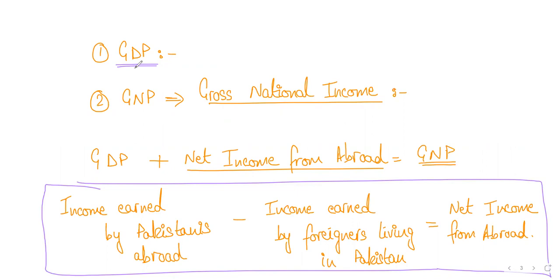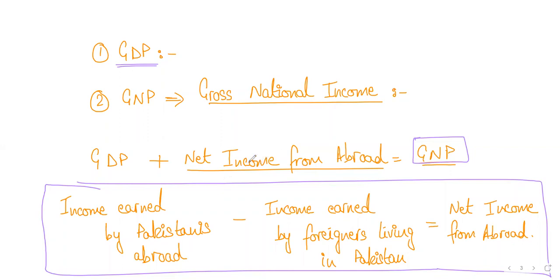Anything produced within the borders of Pakistan, even by an international business, counts. Toyota is a Japanese brand, but it is producing cars in Pakistan, so the value of those cars is part of Pakistan's GDP. But in gross national product, we want a better idea of how much our nationals are earning, so we want to exclude that.